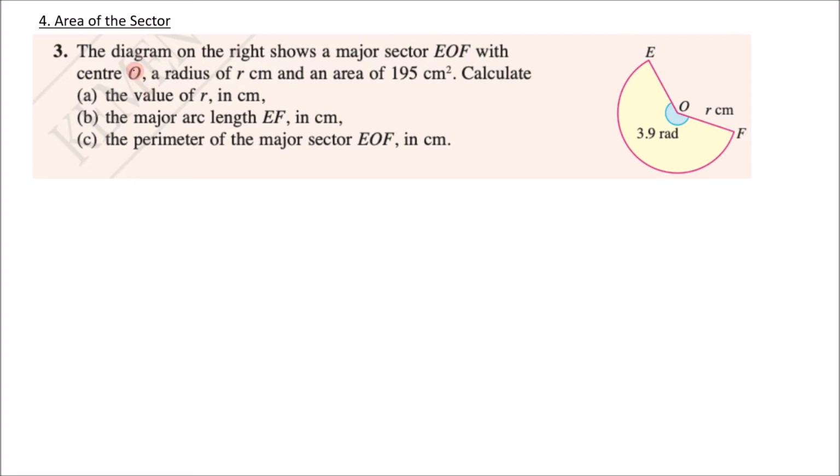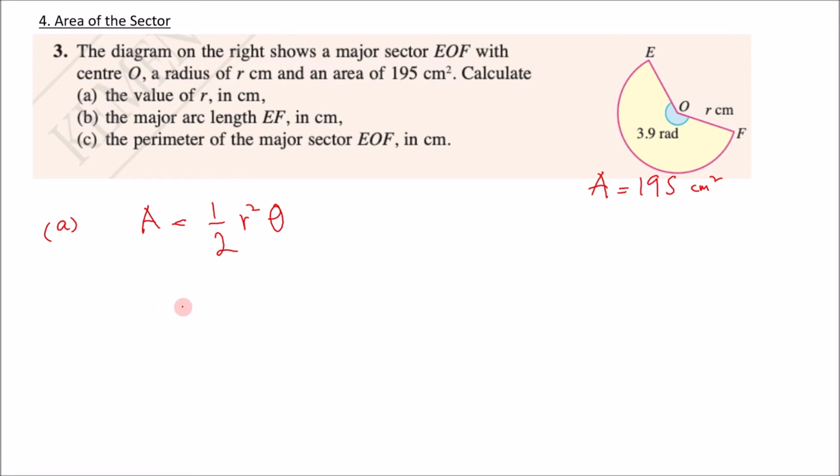Okay, what do we have here? We have the area, which is 195, right? So for question A, we can use the area formula for the sector, which is 1 over 2 r squared times theta.